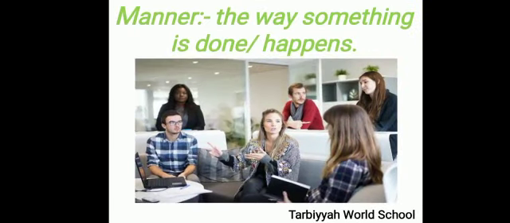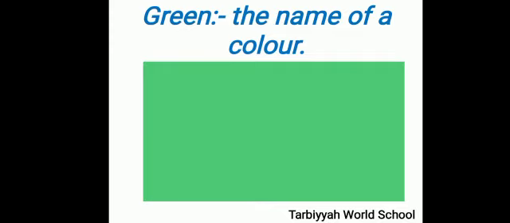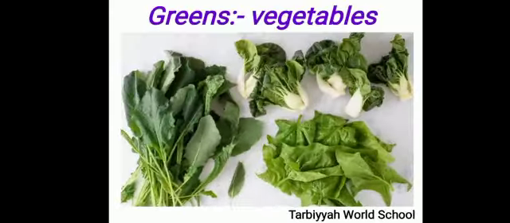Manner, the way something is done or happens. And manners, that is called behavior. Green, the name of a color. And greens are vegetables. Okay.